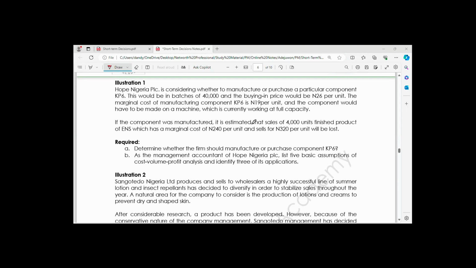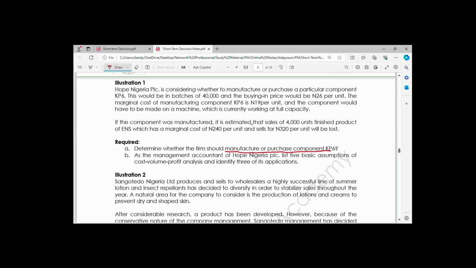Now, as requested, you can see from this requirement that the examiner is asking us to determine whether the firm should manufacture or purchase component KP6. So from this requirement, you can see the intention of the examiner. This question refers to a make or buy decision, because the examiner is asking us to advise whether the company should manufacture or purchase component KP6.